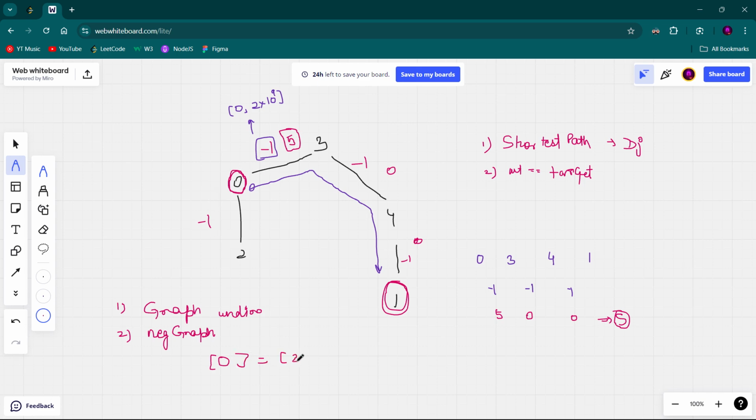It will give 2, 3. Means the starting point is 0, and what are all the negative edges that can go? So it is 3 and 2. And same for 4, it would be 3 and 1. These are the two things: graph and negative graph.